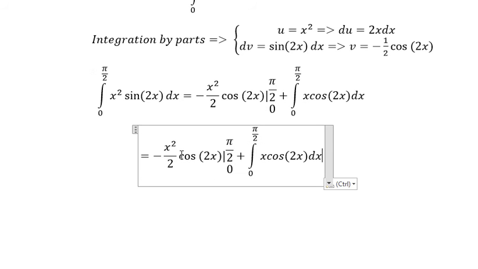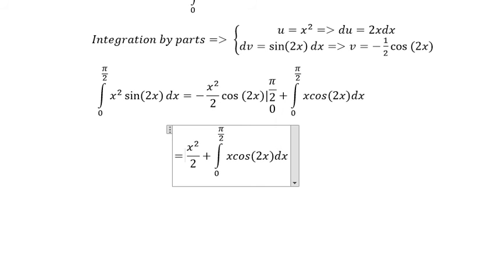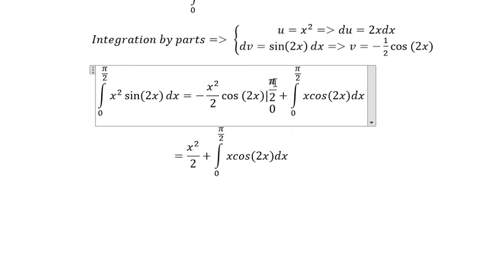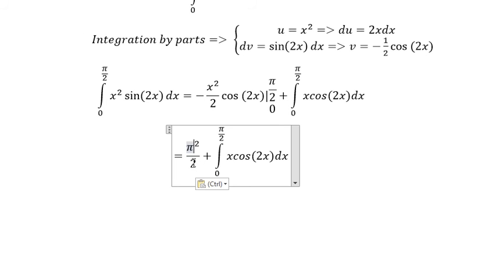In this one we can find the answer. That's pi over 2 over 8.